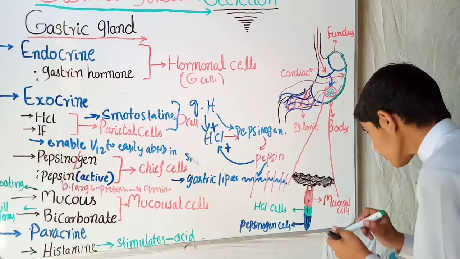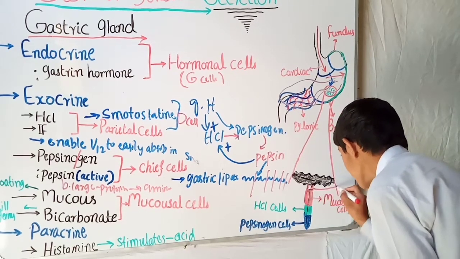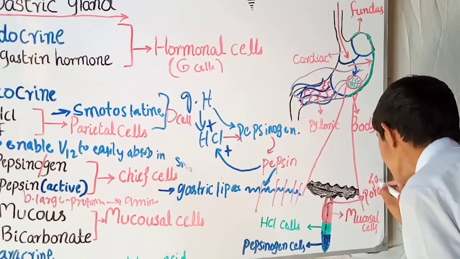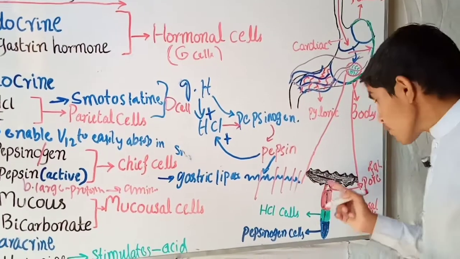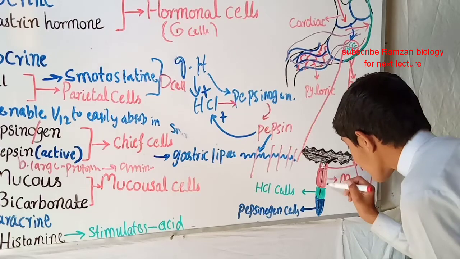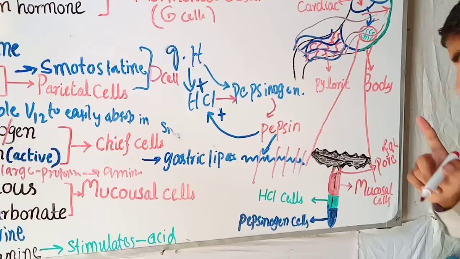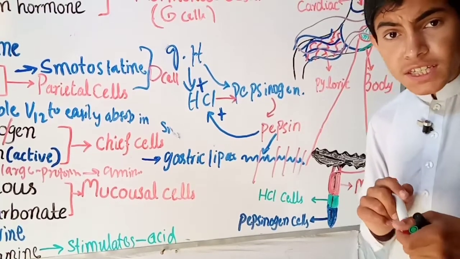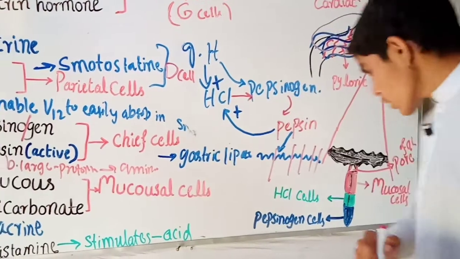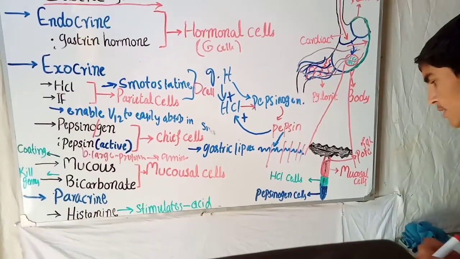This is called the pore of the gland, because this is a gastric gland. This red portion is the mucosal portion, the mucosal cells involved in the secretion of mucus. The second one is the HCl cell. The last one is the pepsinogen cells.